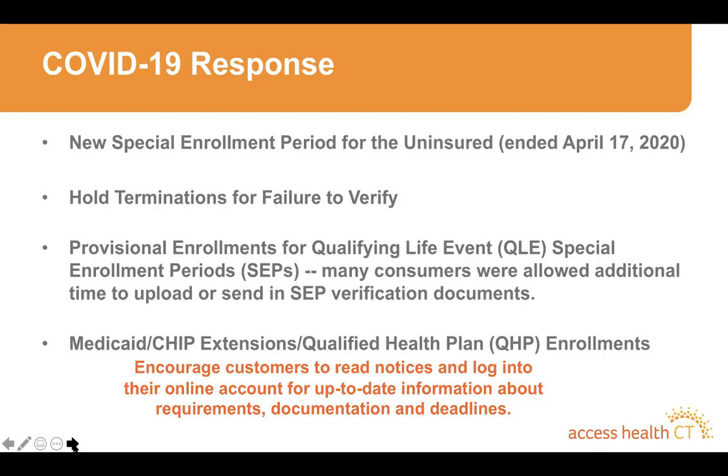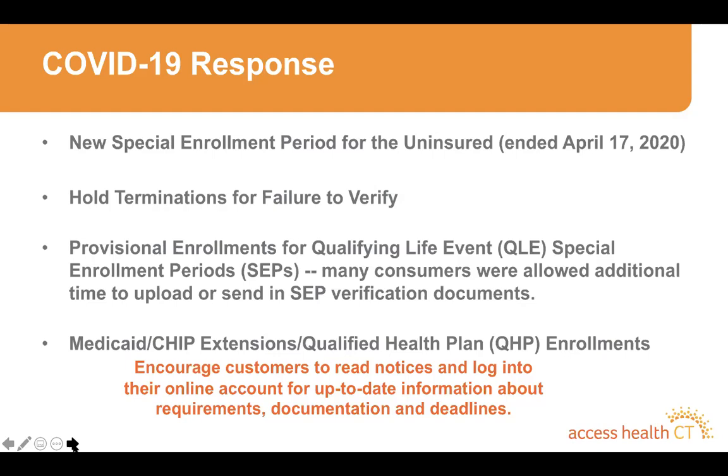This is something that you should be aware of. There are several thousand consumers who had their Medicaid extended for 3 months. So for example, consumers who were enrolled in Medicaid through the end of March, but then transitioned to QHP, had their Medicaid extended for April, May, and June.